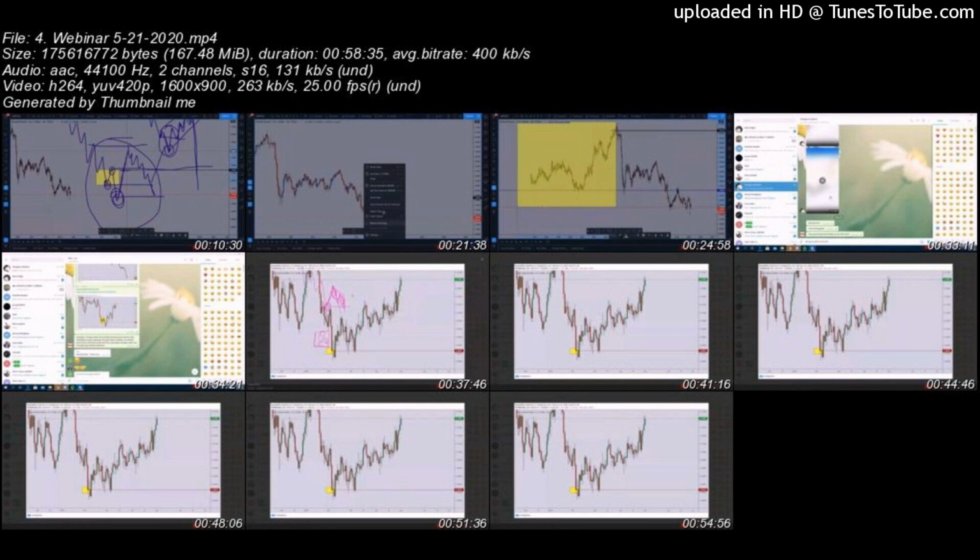Even when price hasn't touched the trend line yet, because other people will have a trend line here and wait for the trend line to break to confirm that the trend has shifted. But that is not the case.